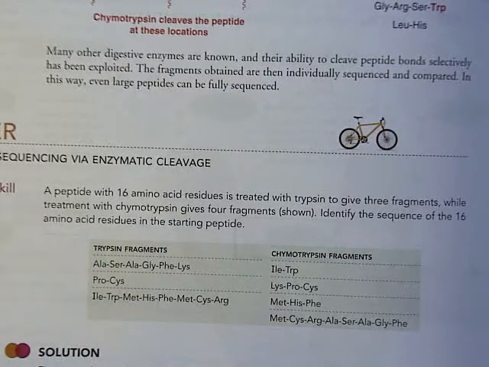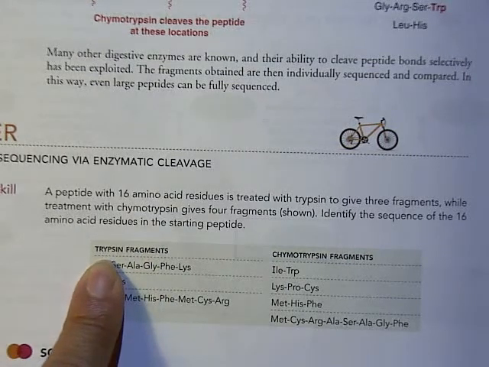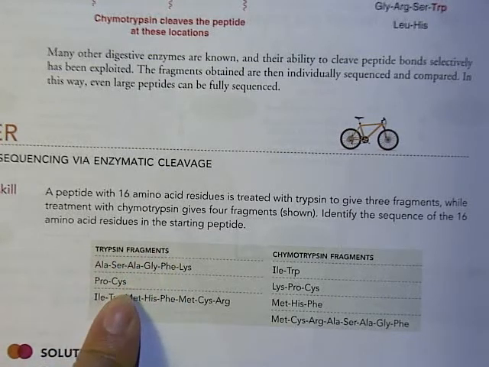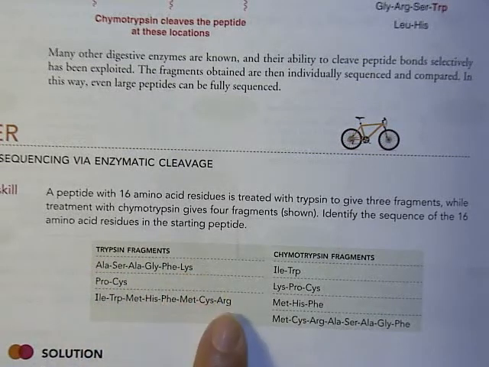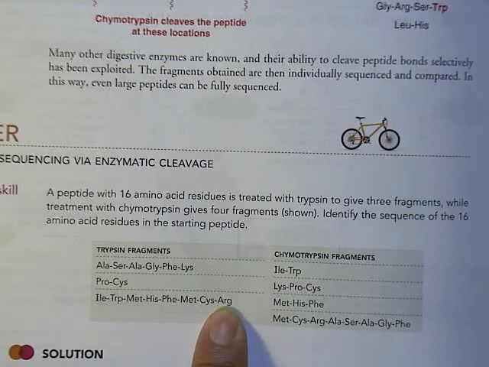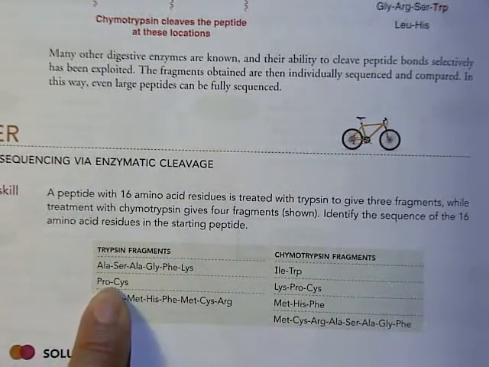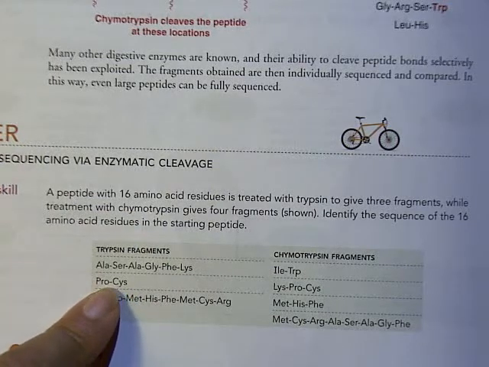So what you're doing here is, you know that trypsin cleaves at the carboxyl side of lysine and arginine. So out of these fragments, this fragment has lysine and this fragment has arginine, which means they were in the chain. And notice that this proline with cysteine is the fragment that doesn't have arginine or lysine.